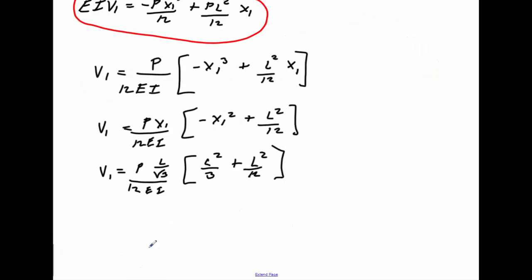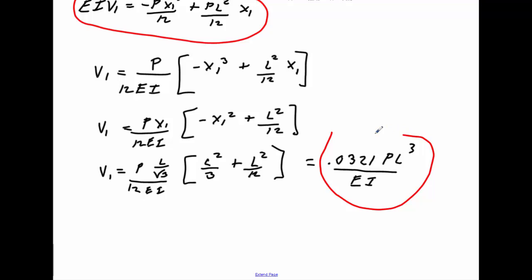If you simplify all that with your calculator, you're going to get some value about 0.0321 PL cubed over EI. Alright, so that's what the maximum deflection would be between the first two supports.